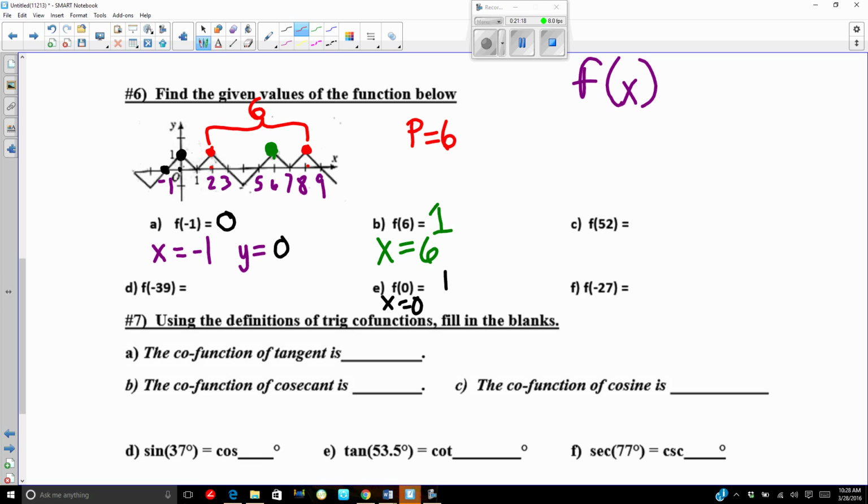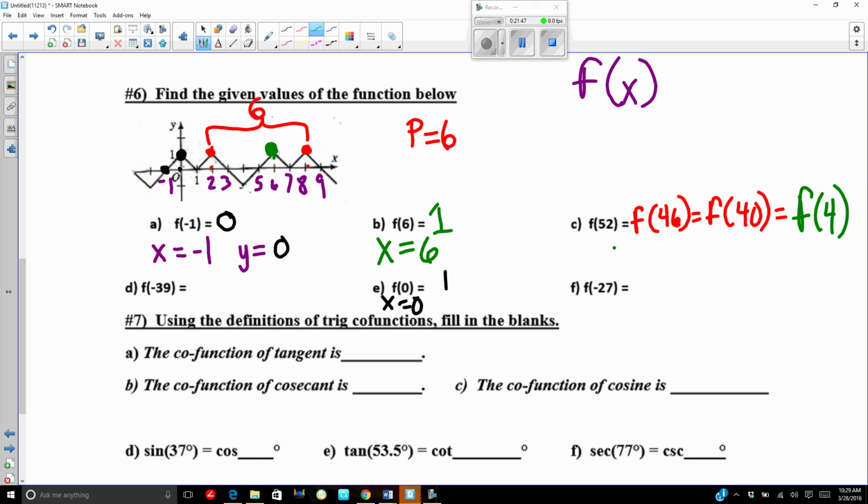So that means f of 52 is the same thing as 52 minus 6, 46. Subtract 6 more. And you keep subtracting 6 more until you see a value that falls on this graph. Eventually, we get to 4.